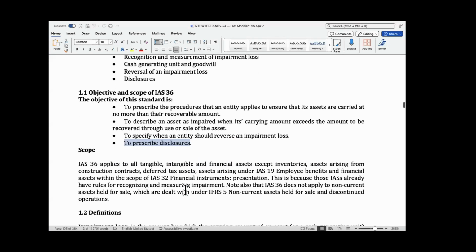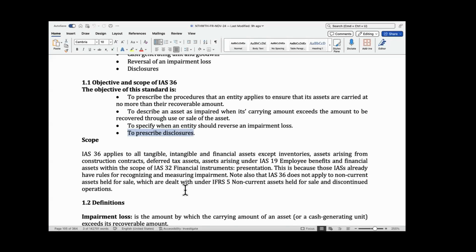So from this objective of IAS 36, you will see that the emphasis is ensuring that the value of an asset is not more than the recoverable amount of that asset. And if for whatever reason the carrying amount now becomes higher than its recoverable amount, then you would describe that asset as being impaired. And also we're going to learn about reversal and disclosures.